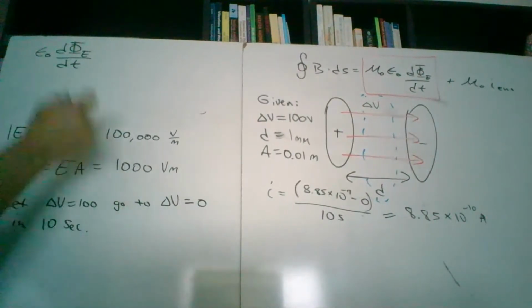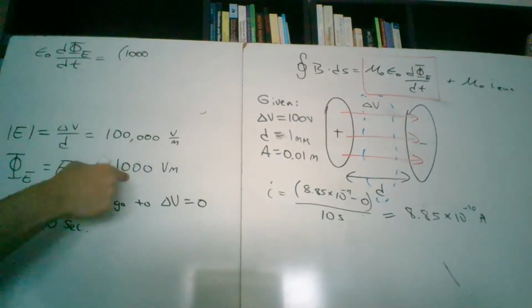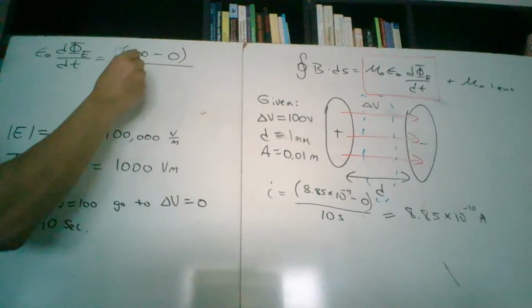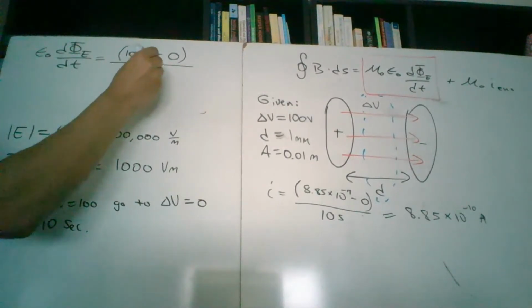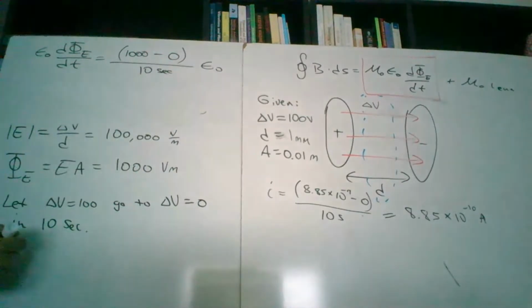So the flux is going to go from 1,000 volts per meter to 0 in 10 seconds, and we're going to multiply that by epsilon naught.